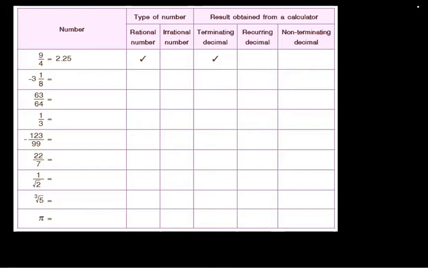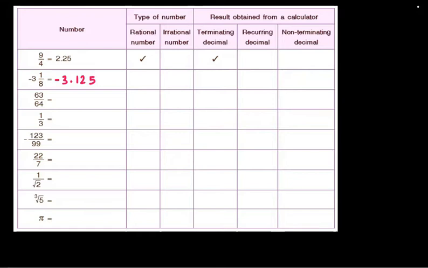Now, get -3 and 1 out of 8. Divide it in your calculator. What are you going to get? You see that you will get -3.125. You see? And the digits will stop at 5. After the decimal point, the digits stop at 5.